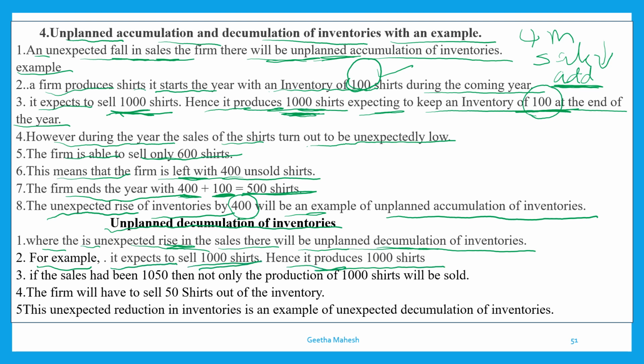Hence, it produces 1000 shirts. If the sales had been 1050, then not only will the production of 1000 shirts be sold, the firm will have to sell 50 shirts out of the inventory. This unexpected reduction in the inventory is an example of unplanned decumulation of inventories.